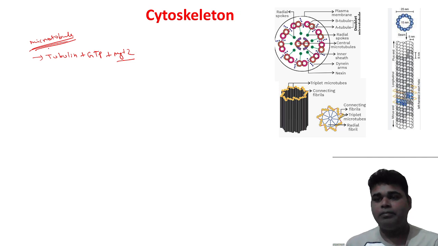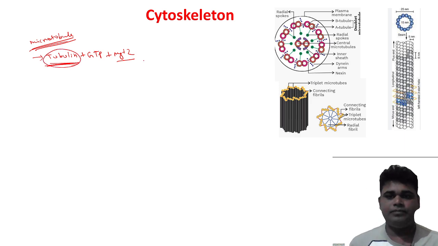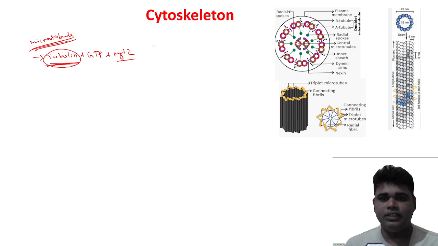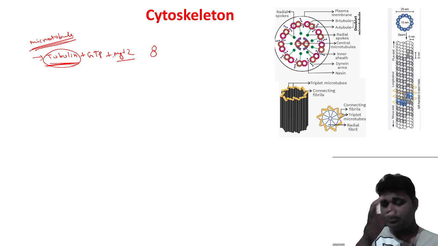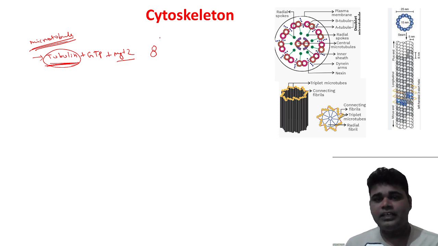So the main component of the microtubule is tubulin. Please think of the tubulin structure like this. The tubulin structure is a dimer structure. So what is a dimer? That means it has two components, one component and another component. So this is the dimer.